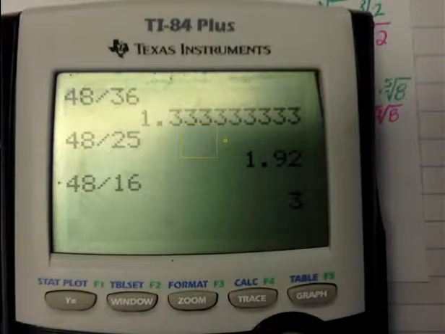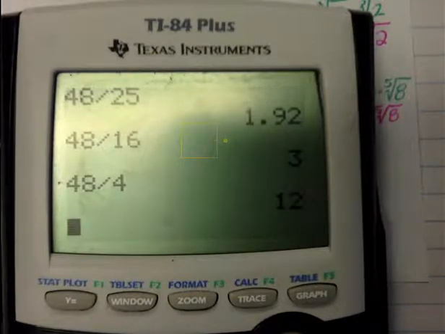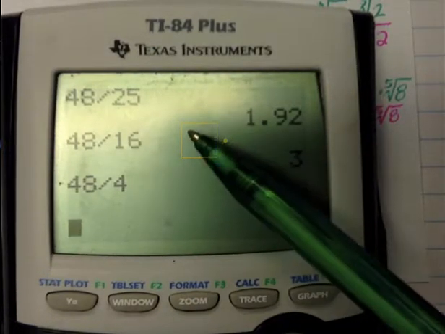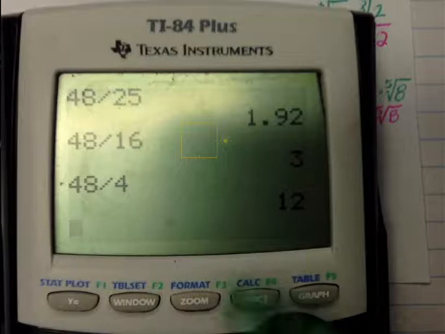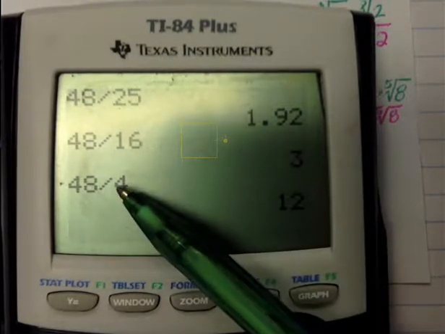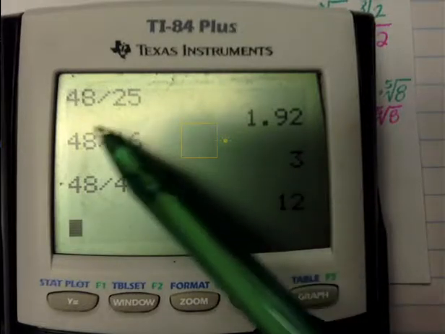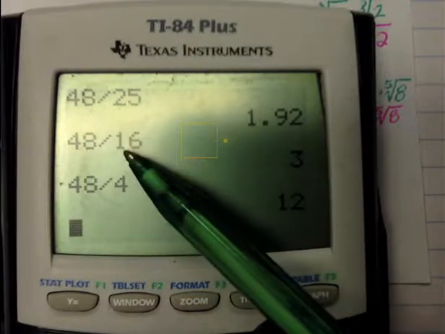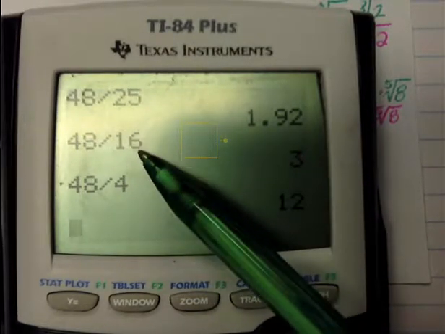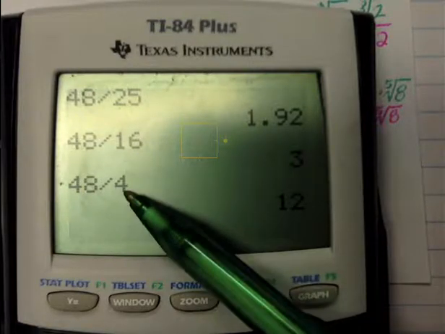If we had started from somewhere else, so 48 divided by 4 also works. So if we had started from the top of the list and gone down, which is not what you're supposed to do, 4 would have worked as well, but you would have had to have simplified even more. So that's why we look for the largest number that goes into it. So that's why we focused on this 16 instead of starting with the 4.